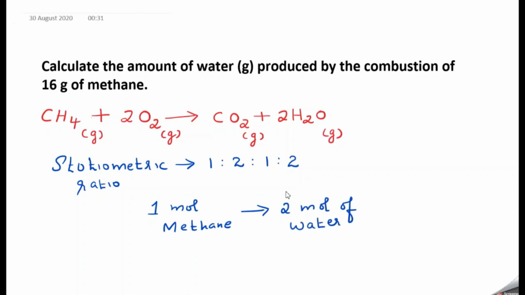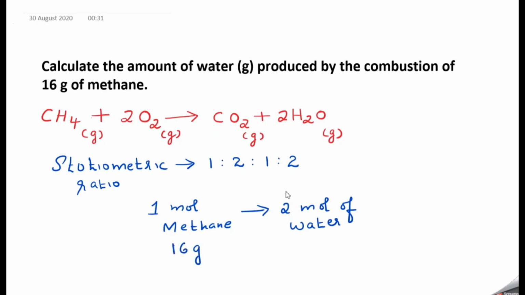Okay, but in the question they have given methane in the form of mass. So I know 1 mole of methane. What is the mass of 1 mole of methane? We know that 1 mole is the molar mass. So carbon 12, hydrogen 4. So 12 plus 4, 16. So I can say 16 gram.